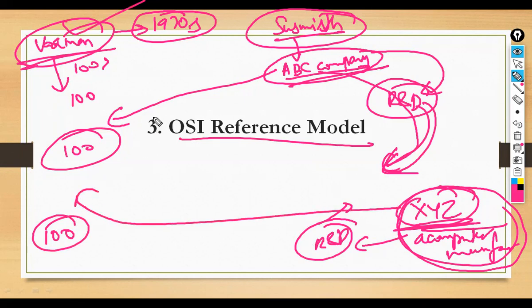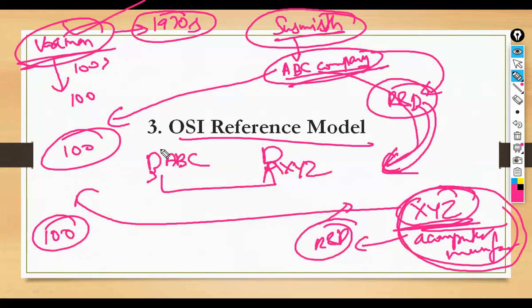So later on, he started facing some issues, right? When a computer from ABC company is connected to the XYZ company, or if something is sent from ABC company to XYZ company, then the problem starts, because ABC will be working in one manner and XYZ will be working in another manner. That is where the problem started.